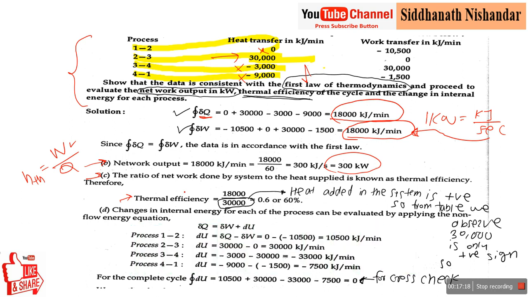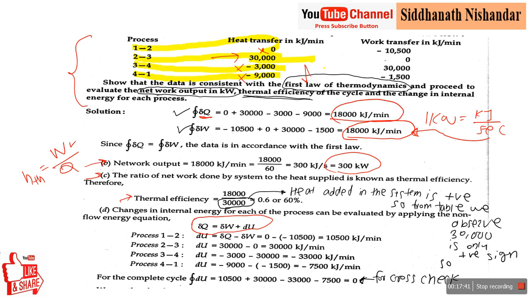It is very simple. This is a fundamental formula, the first law of thermodynamics. From it you calculate the change in internal energy. As in the previous numerical, Q is there, W is there, and using them we calculate the change in internal energy. We also prove here that this follows the first law of thermodynamics.